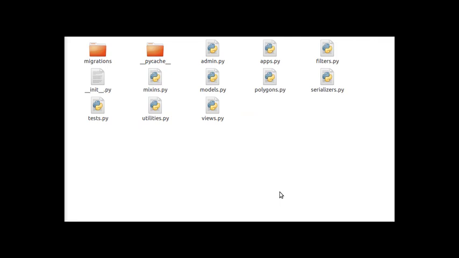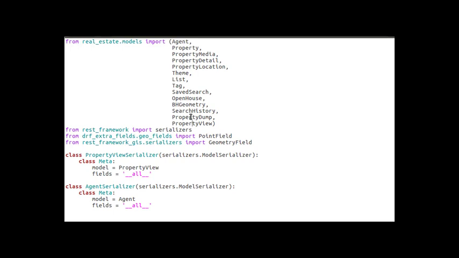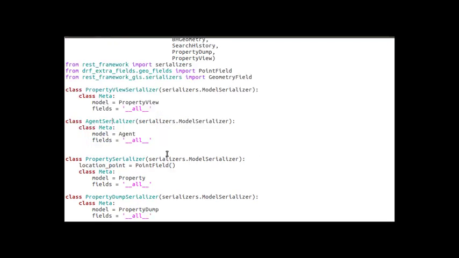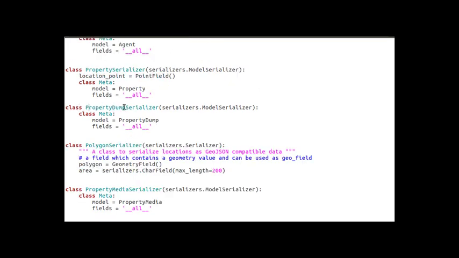Now that we have our data model set up, we need to create a serializer, a view, and a router for this new entry in our API. First, we're going to go over to serializers within the real estate app. Once you open the serializer file, the first thing we're going to do is import our model from the real estate models, which in this case is property dump. As we scroll down, we can see our property dump serializer.